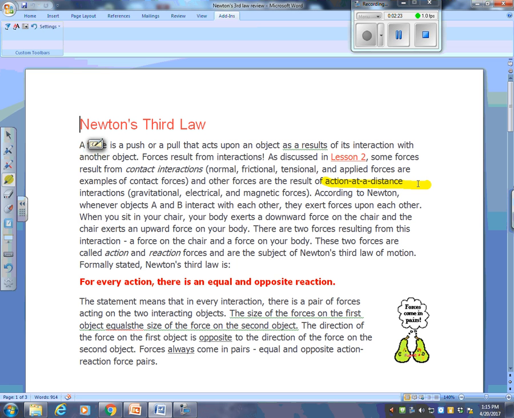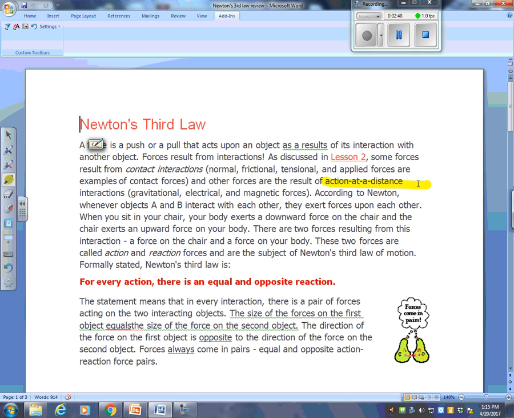Action at a distance. Can you just highlight that? Because that's something that we're going to get into when we get to the next unit, where we start talking about fields, force fields. Action at a distance, right? Like if I want to knock Brett's coffee off the table, I'm going to have to touch it. I can't use my Jedi skills to do it, right? You lift the other side of the table. I could, but I still have to be in contact with something, right?